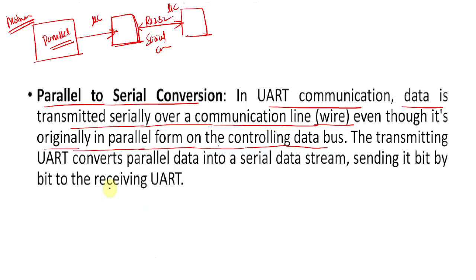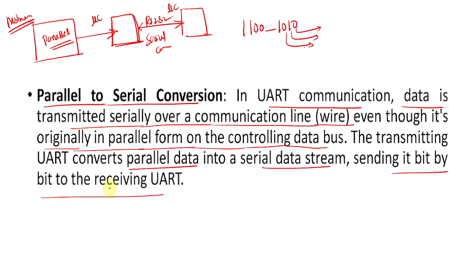The transmitting UART converts parallel data into a serial data stream and sends it bit by bit to the receiving UART. Suppose you want to send 8 bits of data: during serial communication it sends one bit at a time. That type of communication we call serial communication.